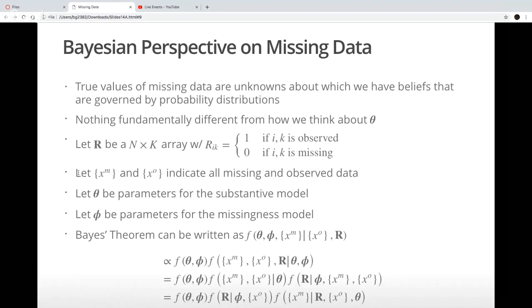Then R would be just all ones and not relevant. But we want to condition on R in addition to the values of the data that we do observe.